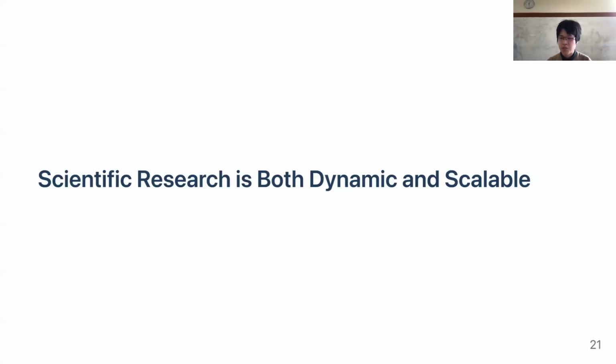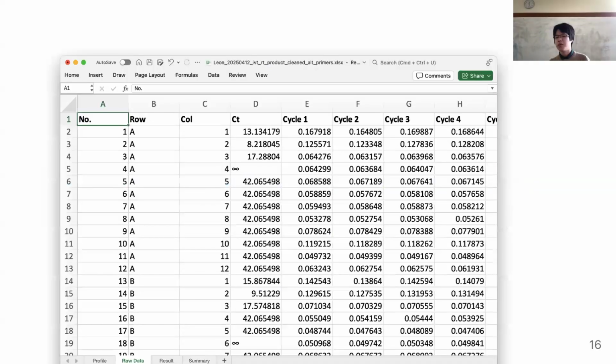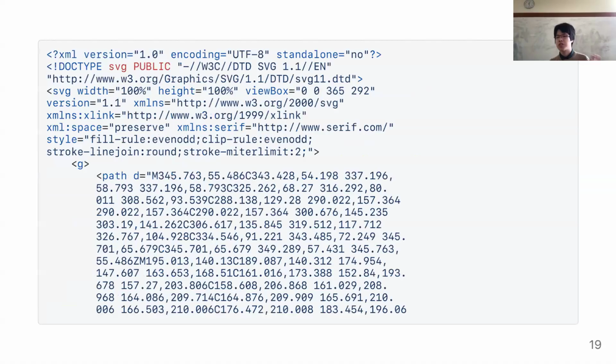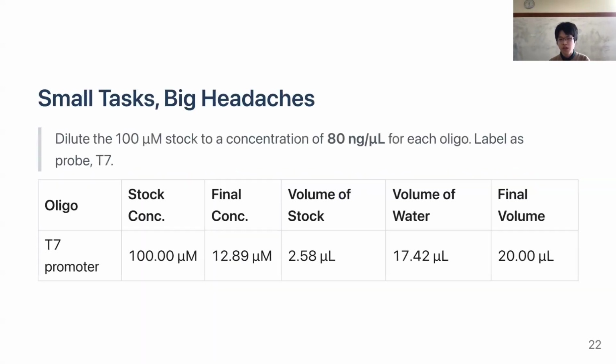So sometimes instead of doing 1, you want to do 100. Sometimes instead of looking at the table, you want to use some kind of method to deal with more of them. And this creates lots of very annoying problems sometimes.